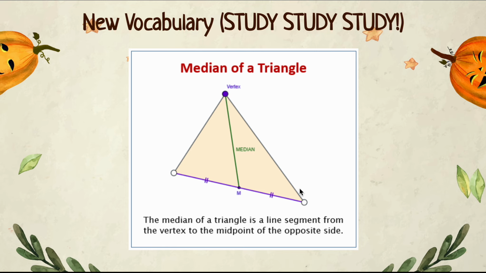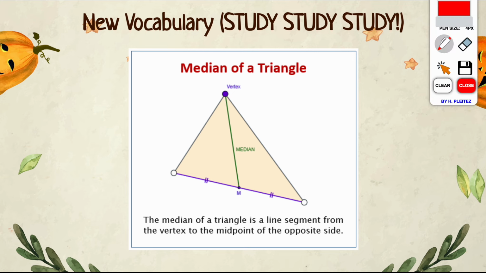So the median of a triangle is a line segment that goes from the vertex to the midpoint of the opposite side. In this example, the median is going from this top vertex and is being drawn down, and where it connects to the opposite side, that is our midpoint.